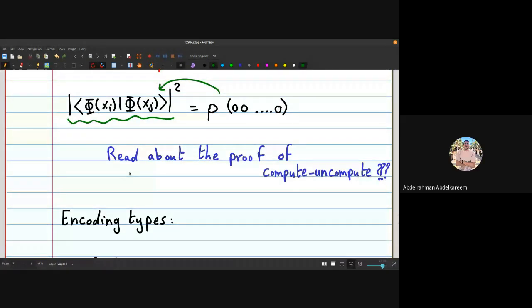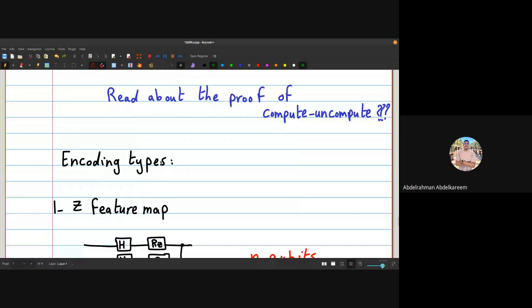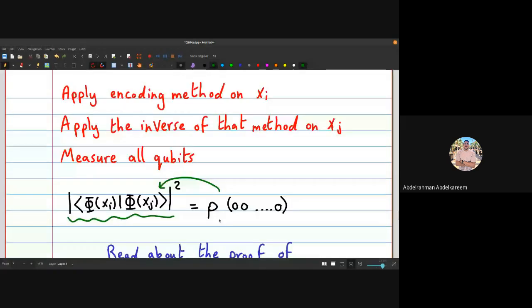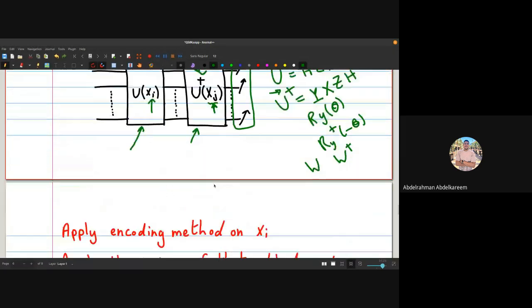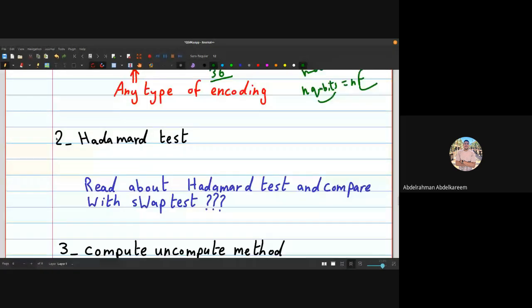Okay, so I need to read about the proof for the method. So these are two tasks for the quantum SVM. So this is about it for the quantum kernels.